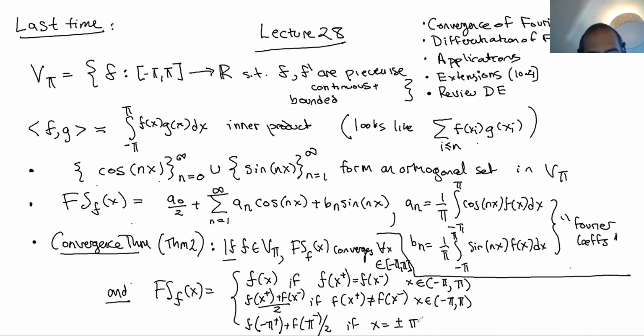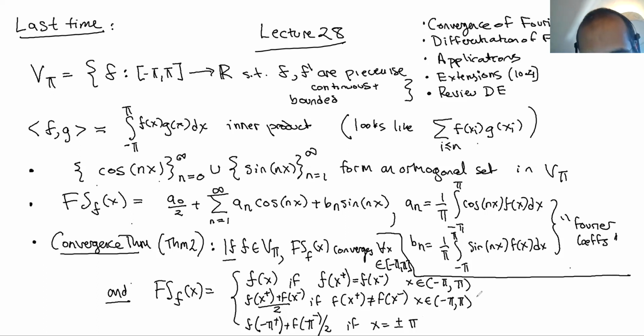So what this essentially says is that the sines and cosines are the orthogonal basis for this inner product space V pi. You can expand any function as an infinite series in cosines and sines, where the coefficients are given by these inner products, modulo this minor caveat.